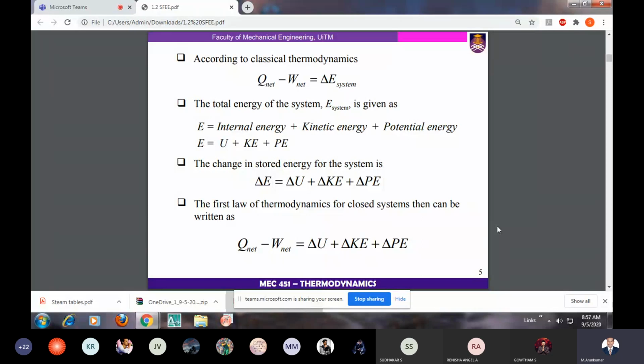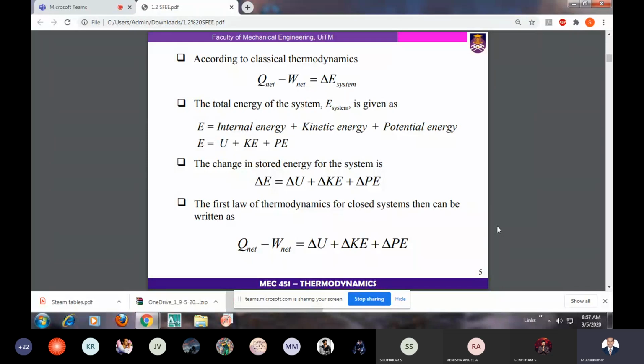Then we can find the change in stored energy for the system as delta E is equal to delta U plus delta KE plus delta PE. Delta in the sense of change, right?